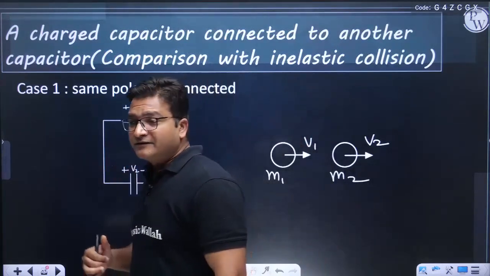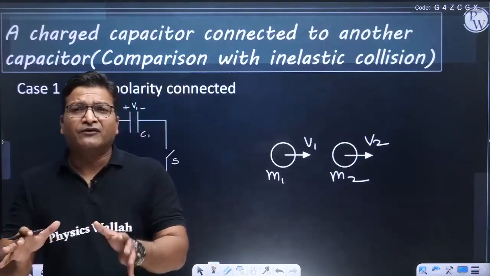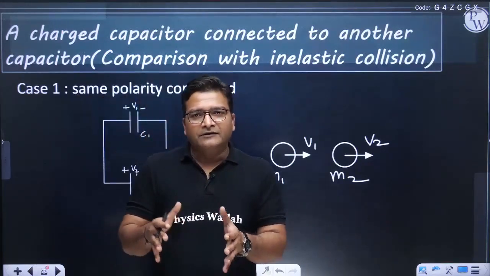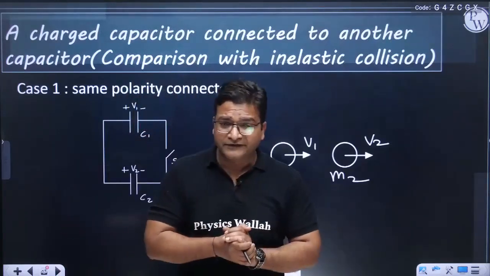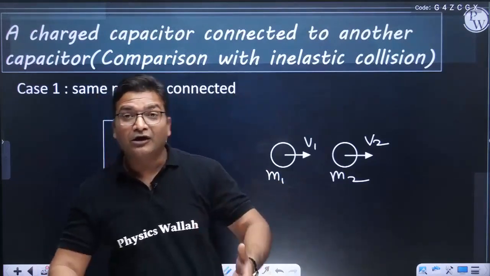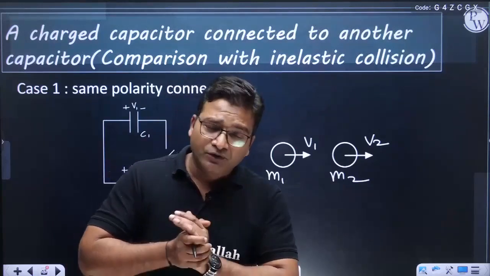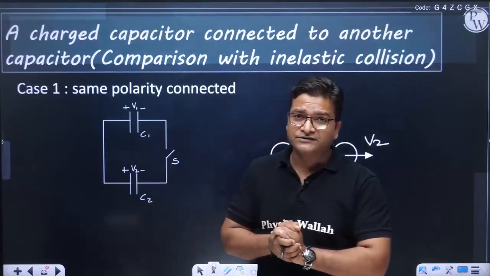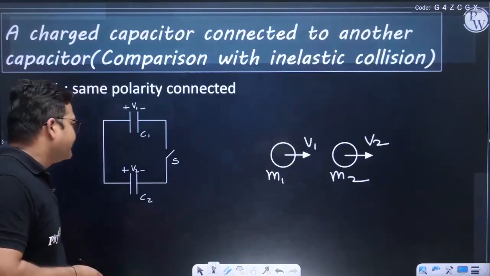If one or both capacitors are charged and they are connected to each other, and you are asked to calculate the final potential difference across them, the final charge on them, the heat loss, and the initial and final energy stored, how do you proceed? Let us see.